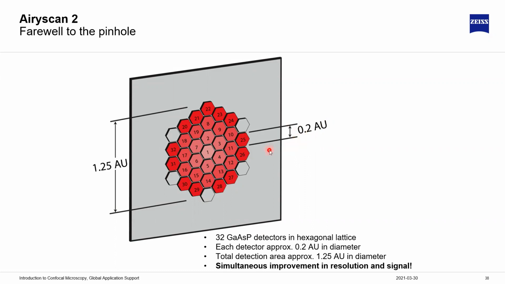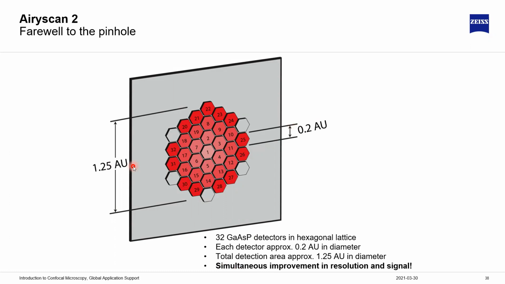Each of these detectors is increasing the resolution. But all together, these 32 detectors that are arranged in a surface, they collect the light of more than one Airy unit. So there is no need to compromise at this point, because you can simultaneously improve the resolution and the signal that is reaching the detector.